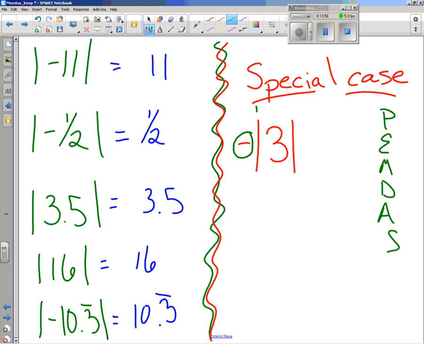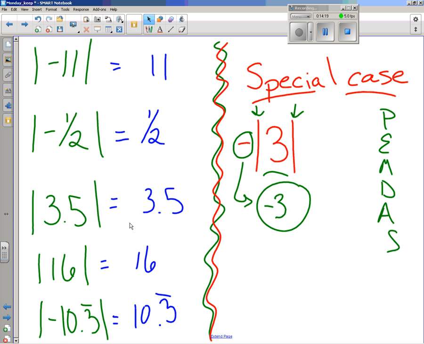So these absolute value lines kind of act like parentheses. So we're going to do that first. The absolute value of 3 is just positive 3. But we can't then forget that outside of the absolute value, we have a negative symbol. So the answer to the negative absolute value of 3 is indeed negative 3.